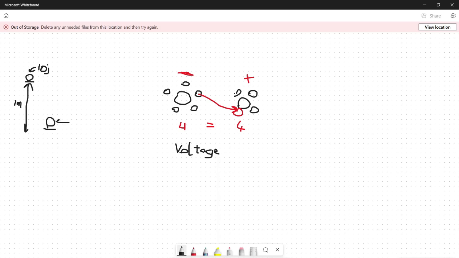This will then have a potential of 0 joules. So the total difference between these two, total change in energy, is going to be equal to 10 joules of energy. That is essentially what voltage is in a circuit. It is the total amount of potential difference. So in mechanical, the total difference in energy, and even in electrical kind of, yeah.